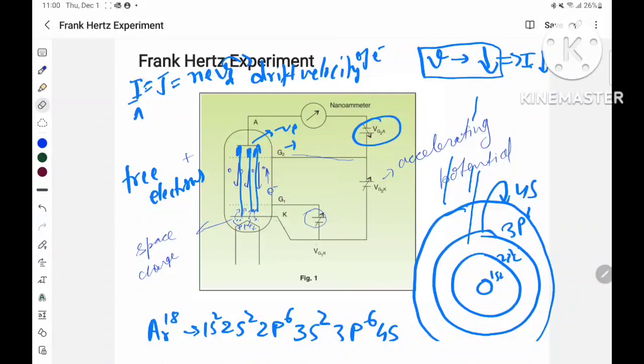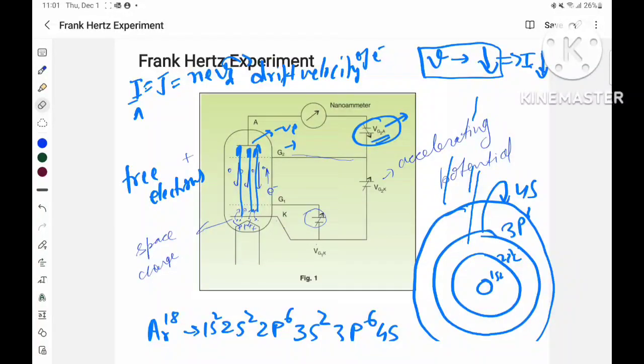Only the electrons which have sufficiently high energy, that means higher than this Vg2a level, will be able to reach the anode and contribute to the current. As a result, when the energy of the electrons goes down, the current goes down. So when the energy goes down, velocity goes down, and hence current goes down.